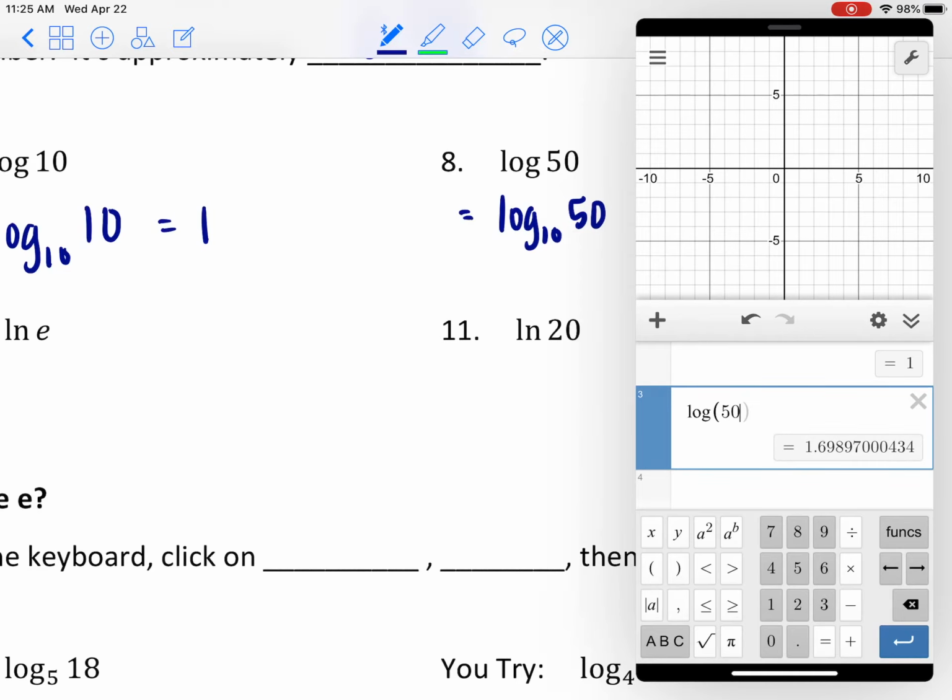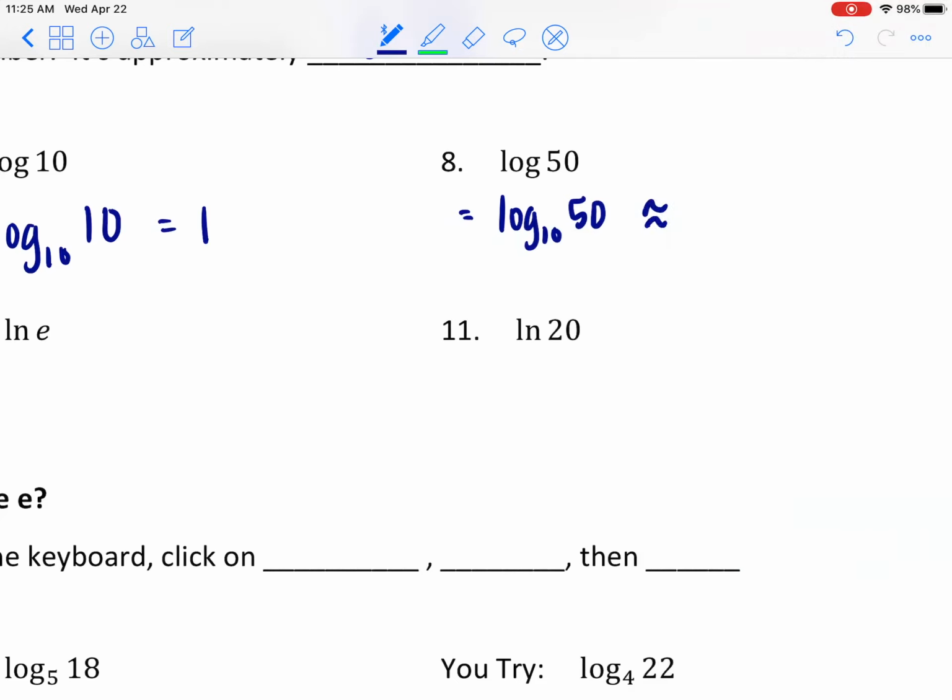Now, since the log of 50 isn't exact, the only way to get that value is to use the calculator. So we're going to put in log of 50, and we get about 1.698. I'm going to say about 1.7. So this is approximately 1.7. Now that answer should make sense. Think about this for a second.